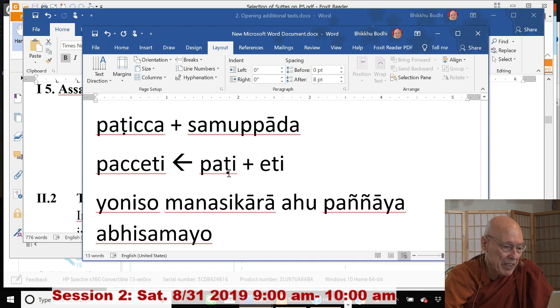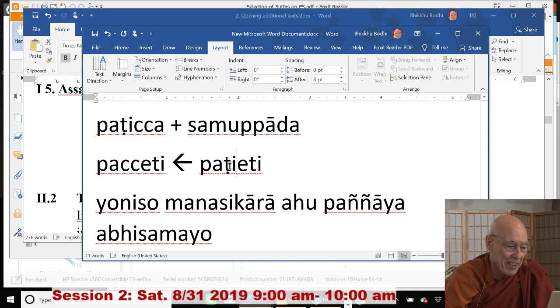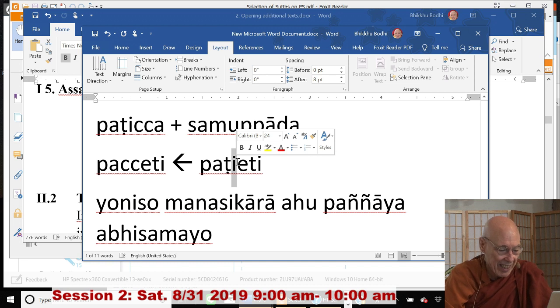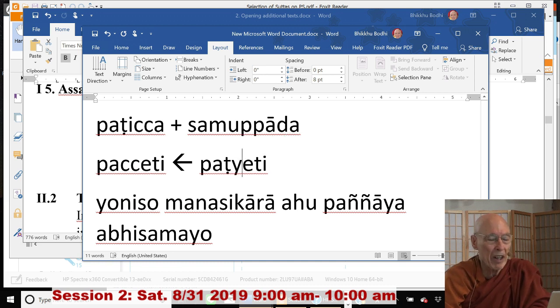And so what happens in Pali when you combine the prefix with the main part of the verb, we get this meeting of two vowels which won't stand in Pali. So first, when the I meets the E, the I turns into a Y. So we would get patyeti.